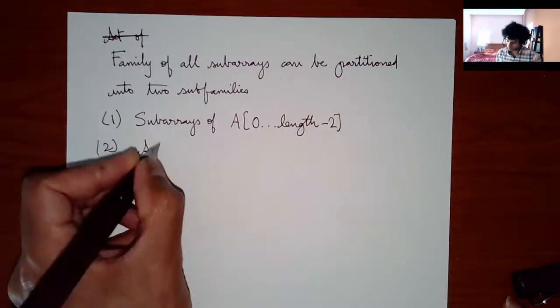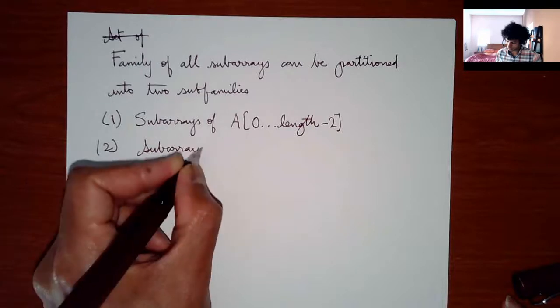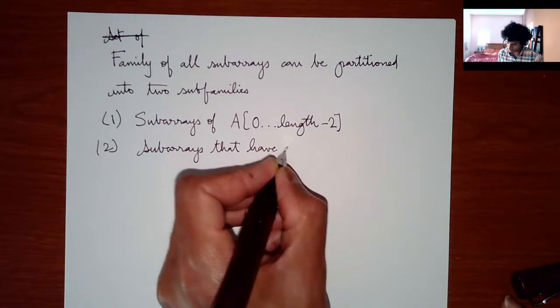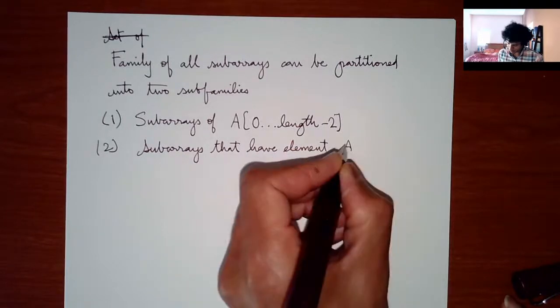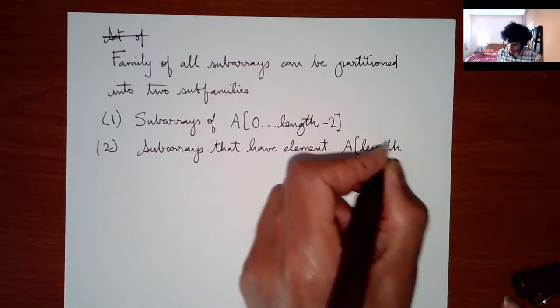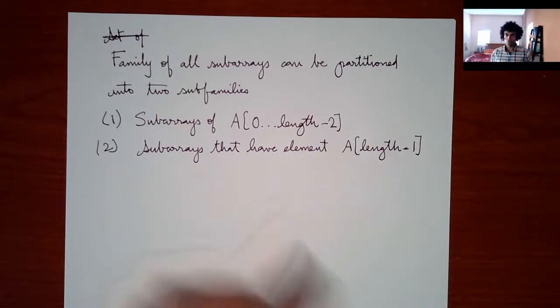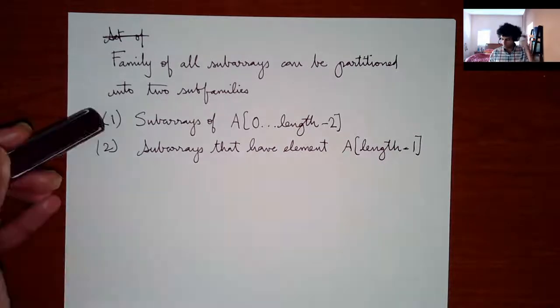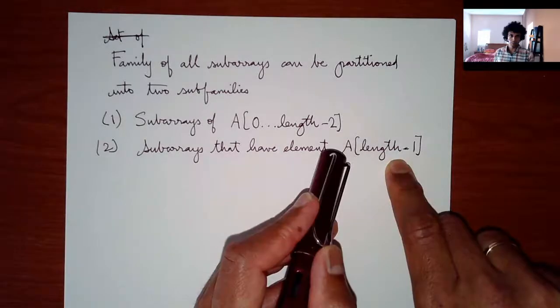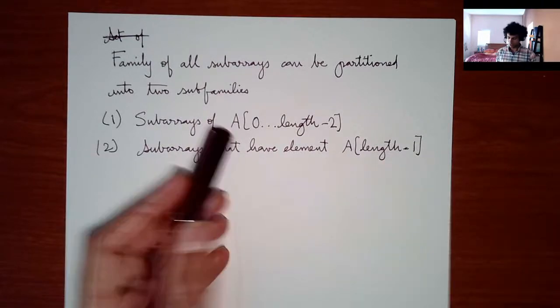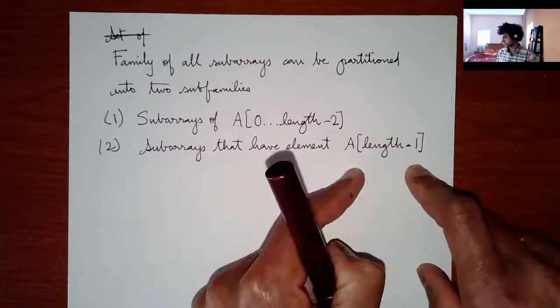And the others are the subarrays that have the element A of length minus 1. You can think of this, these are the subarrays that don't have this element. Those are all subarrays of A going from 0 to length minus 2. And then you have the subarrays that have this element.